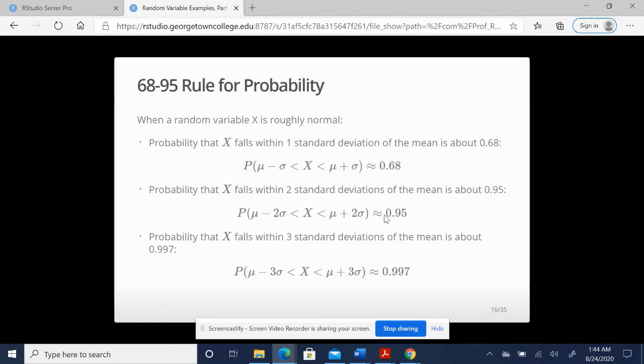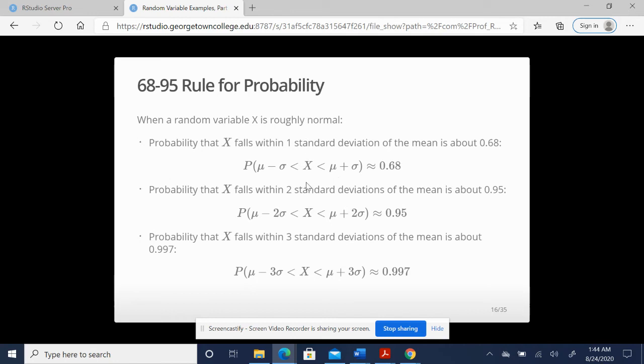All right, so here's basically what this 68-95 rule for probability means, okay? If we have a roughly normal distribution, the probability of any result for the random variable falling within 1 standard deviation is about 0.68 or 68%, okay?